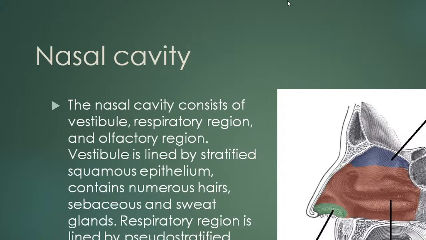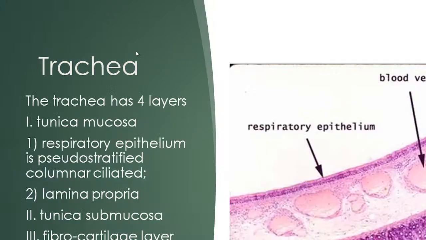The next part of the respiratory tract is the trachea. There are 4 layers in the trachea. As we discussed before, it has tunica mucosa, tunica submucosa, fibrocartilage layer, and tunica adventitia.